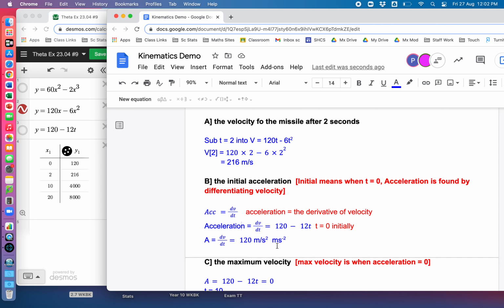The 120t comes to 120, 2 comes down to the front, 12t. Initially, t equals 0. So when t equals 0, the 12t doesn't come to much or anything. So the acceleration at that time is 120. And in fact, the acceleration at any time is that.